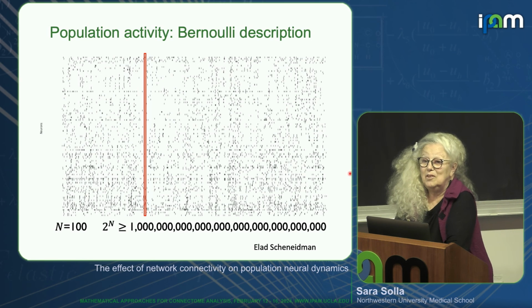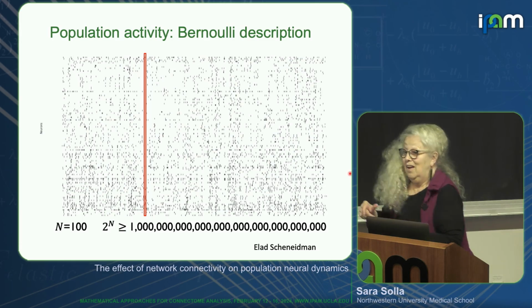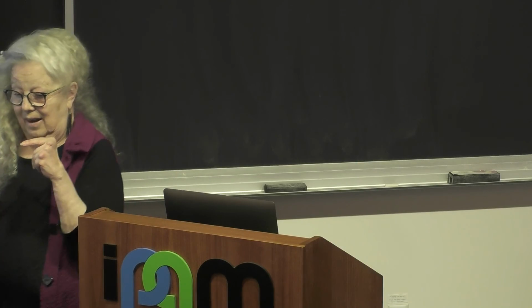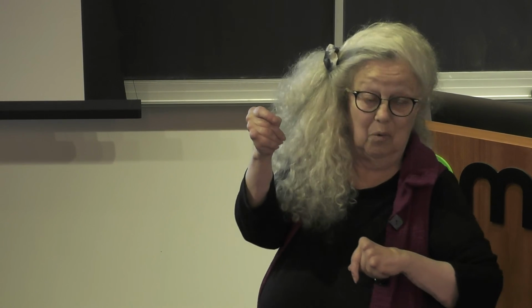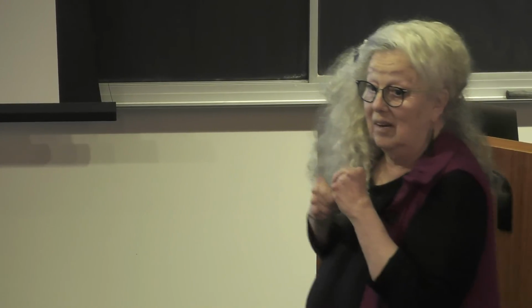So it would seem from this that you're doomed. You're doomed by the curse of dimensionality. All the states here are vertices of a hypercube that lives in a 100-dimensional space, and every vertex is specified by every neuron being either a 0 or a 1, and you have 2 to the n such vertices if you have n neurons, and all those are possible states of the network.